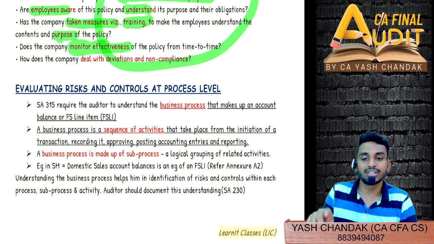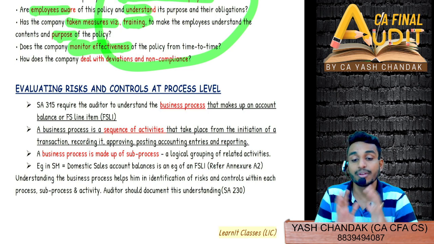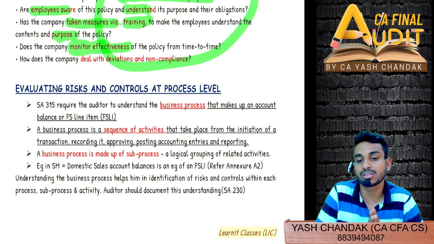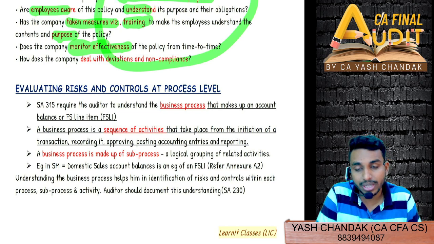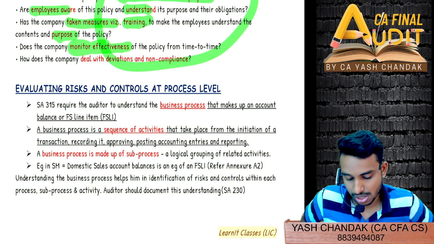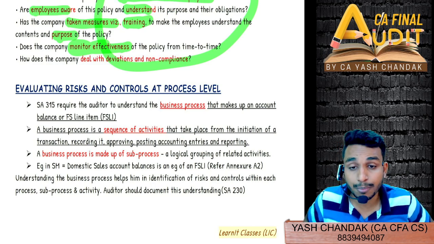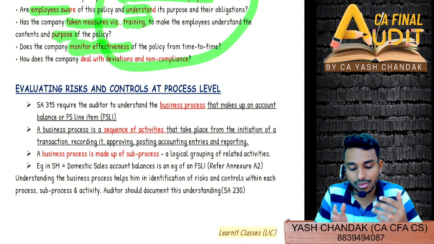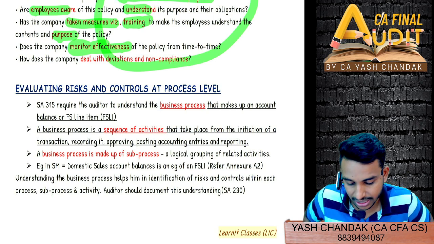It's a sequence of activities, and within the P2P it also includes many sub processes. Within purchase requisition there are so many processes, within purchase order creation there are so many processes and controls. So that is what they are saying: a business process is made up of sub processes. It's a sequence of activities, a logical grouping of related activities.